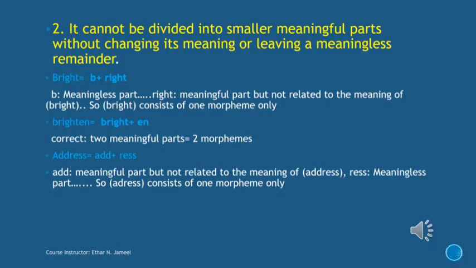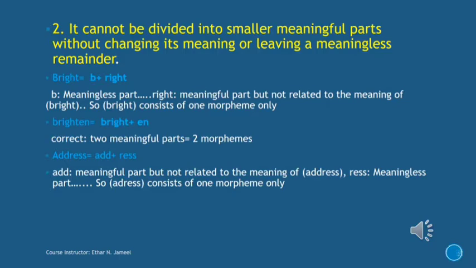The reason behind that is that the result of this division would be a meaningless part or a part that is meaningful, but its meaning is different from the morpheme itself. So the result will be a meaningless part and a part that is going to be different from the meaning of the morpheme itself.